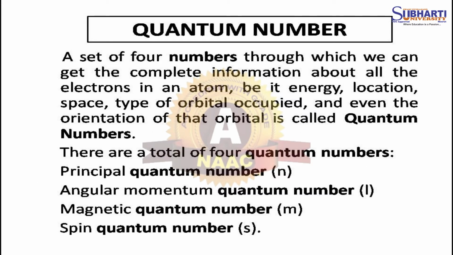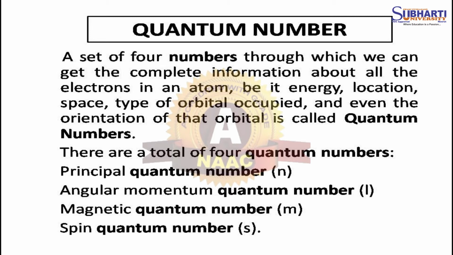Quantum numbers. A set of 4 numbers through which we can get the complete information about all the electrons in an atom, be it energy, location, space, and type of orbital occupied, and even the orientation of that orbital, is called quantum numbers.